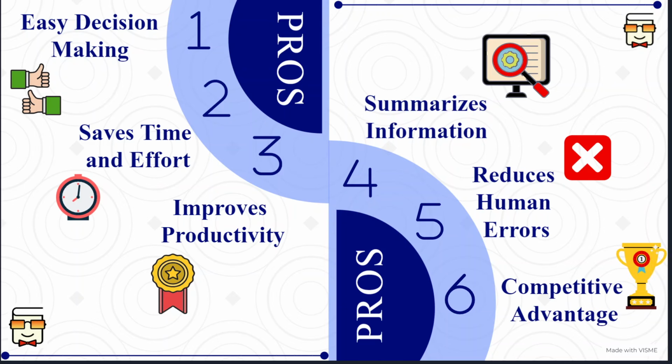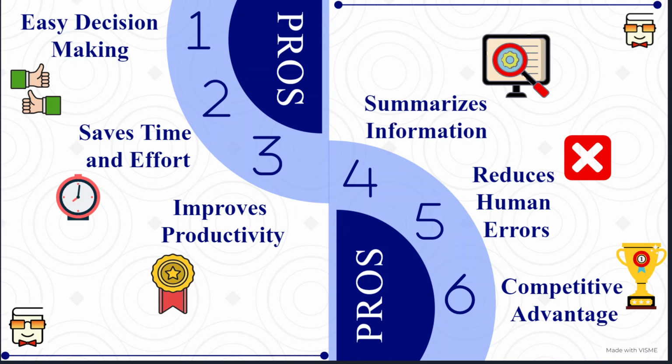The last advantage of an MIS is that it provides a competitive edge or competitive advantage to the organization using it. Since an MIS uses data from within the organization as well as from external sources, both these data help to provide information that helps the management decide how it is placed within the market, how it is placed within the environment in which it is functioning, and how it can gain a competitive edge or an advantage over other players in the market who are working on the same products and services.